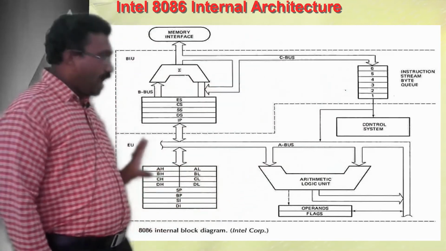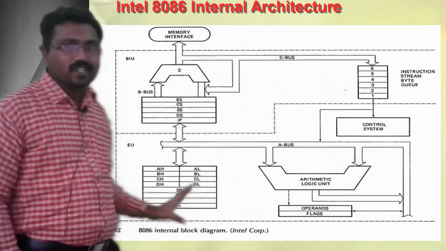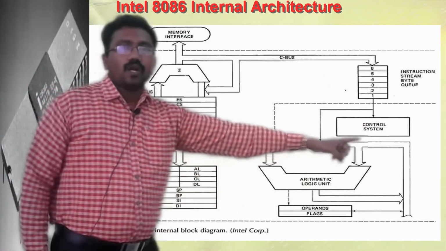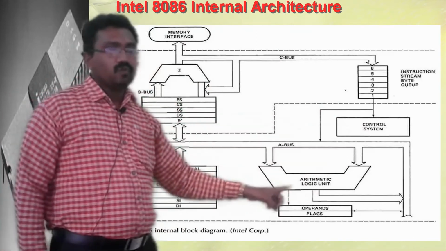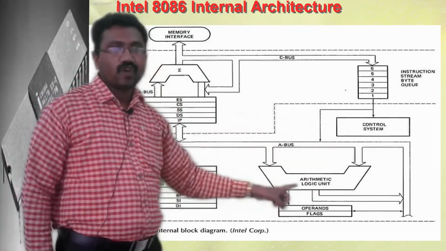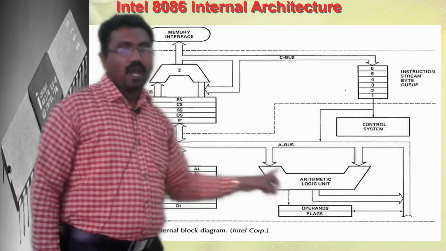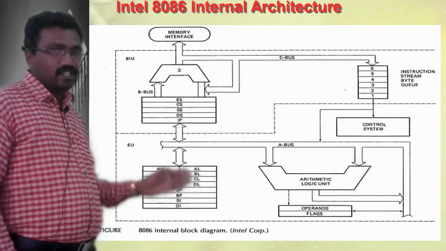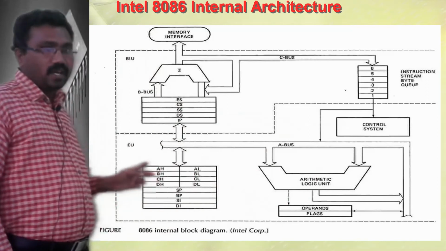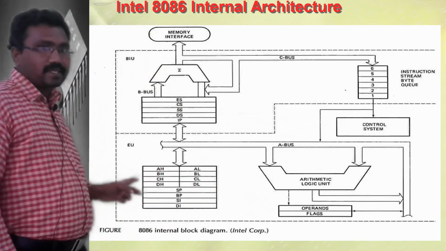And coming to the execution unit, what are the components in the execution unit? The control unit generates the control signals, and the ALU executes the operations. The ALU performs the arithmetic and logical operations. It also contains different types of registers. General purpose registers: here AX, BX, CX, DX.